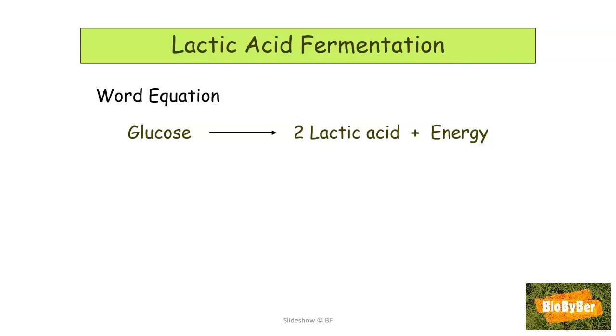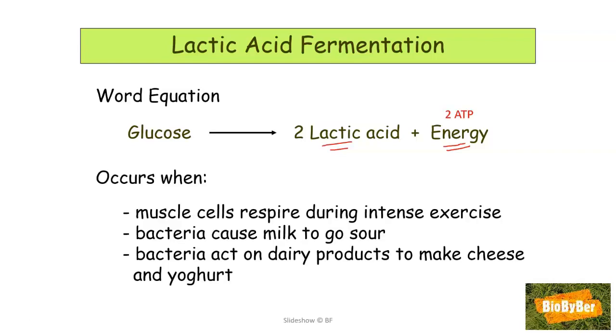This is the word equation for lactic acid fermentation. Glucose is broken down to lactic acid and energy is released. The energy is released in the form of ATP. This occurs when muscle cells carry out respiration during intense exercise.